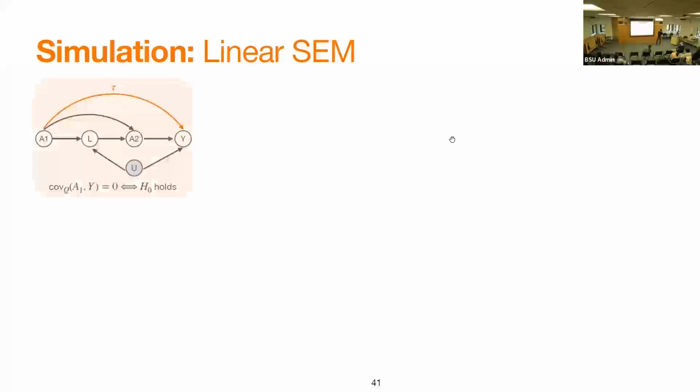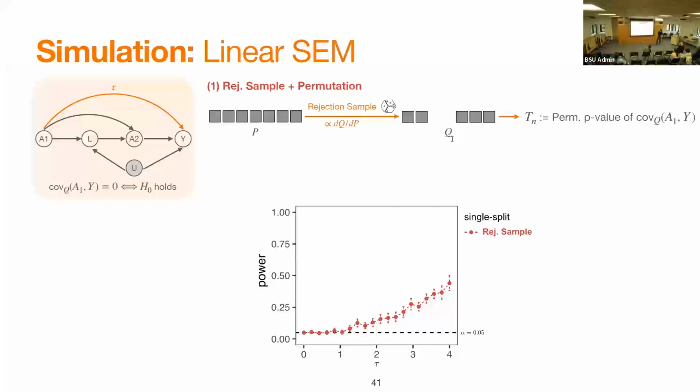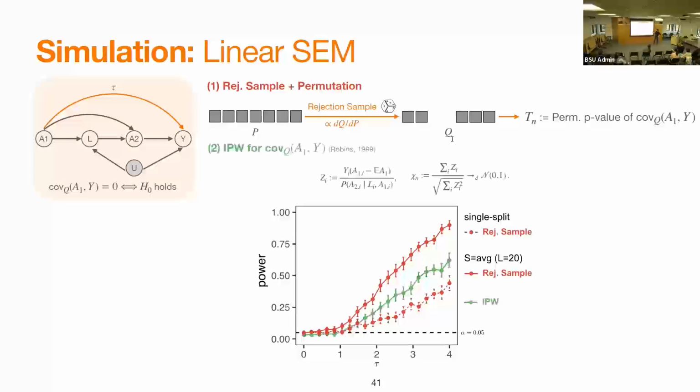Now I can use my developed framework to aggregate multiple rounds of this procedure. This is with only a single split. This is after aggregation, and you can see the error is controlled and the power is much higher. Surprisingly, for this case, we found that even with the same statistic, this seems to be more powerful than the standard in the literature, which is the IPW reweighting normal test.